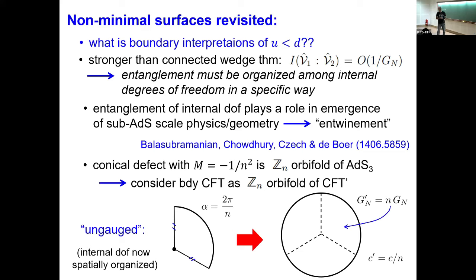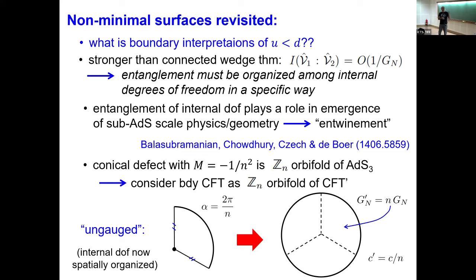So let's think about a conical defect where I choose a very specific value for the mass parameter. And in general, it can be -1 over some integer squared. In the picture, I'm thinking of -1 over 9.